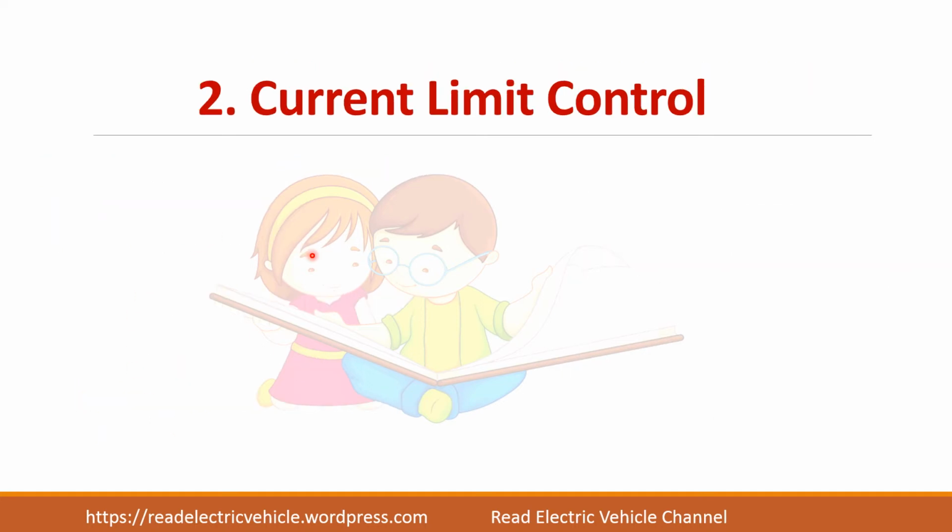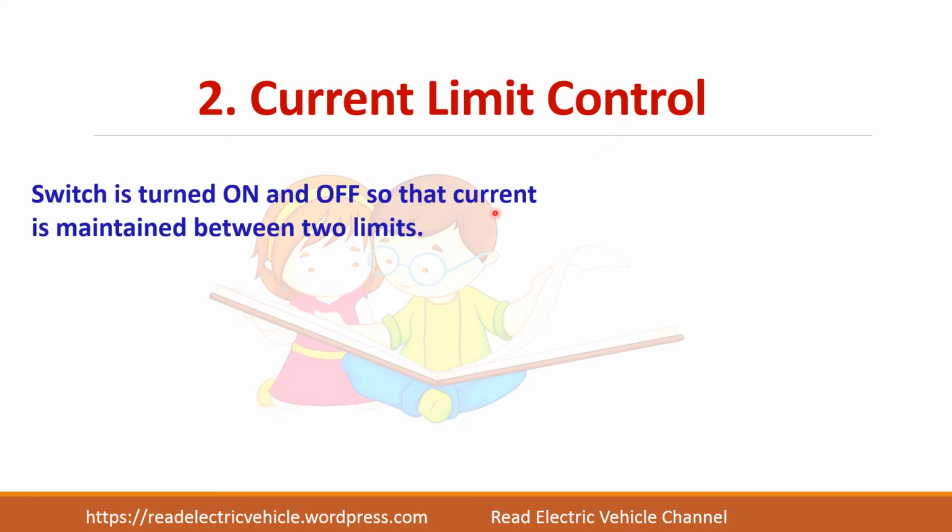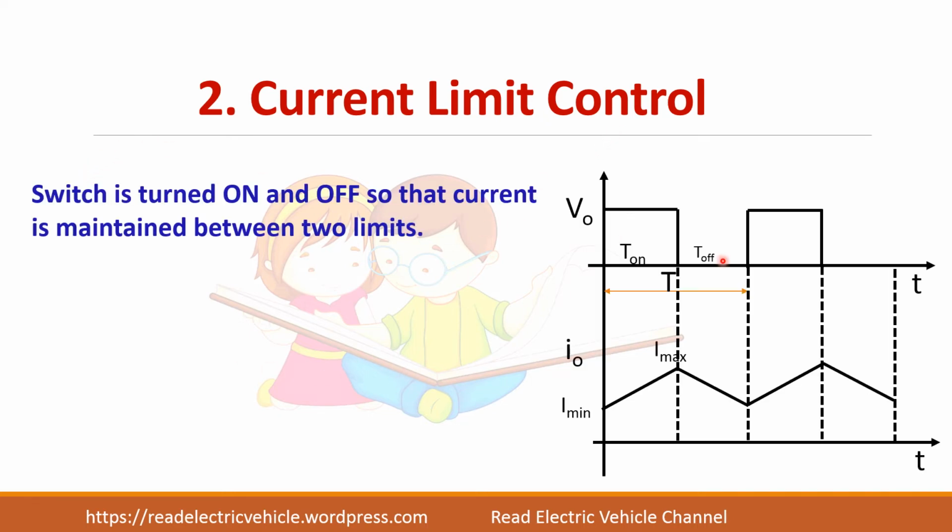The other method is called the current limit control method. In this case, the output waveform is the same, on period, off period, total time period. During on period, current will increase, during off period, current will decrease. In this method, how the switch is turned on and off is mainly based on the current value.